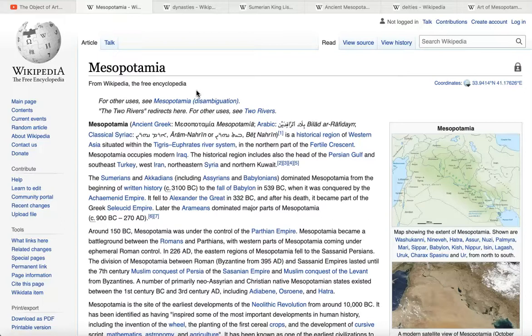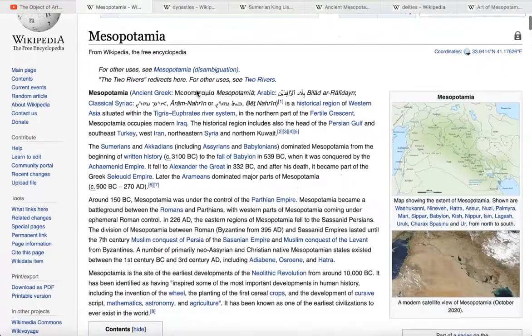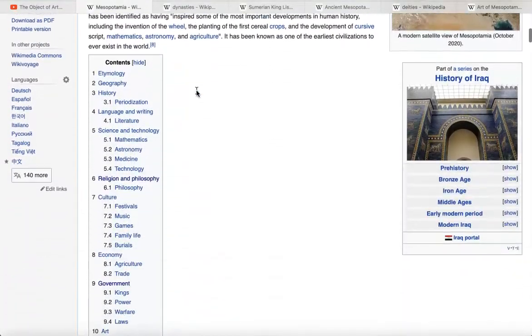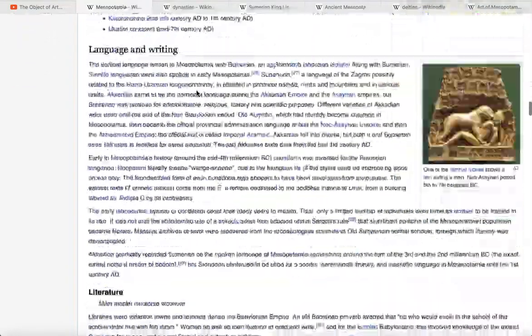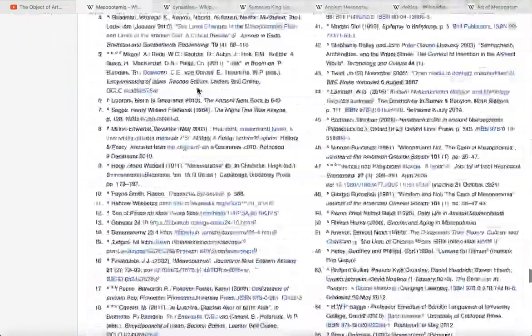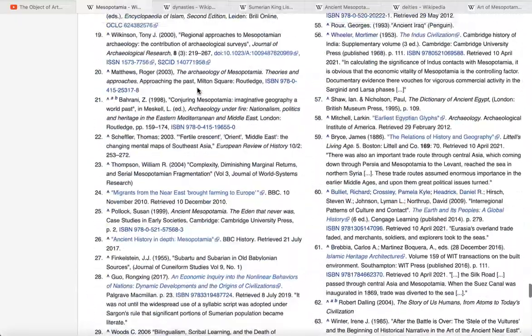And this is one of the pages where it's a good idea to start. The Wikipedia page about Mesopotamia. So go ahead and go here and read through this. Yeah, all of it. As you can see, I'm scrolling very quickly.